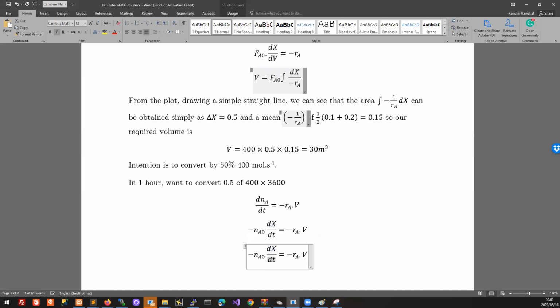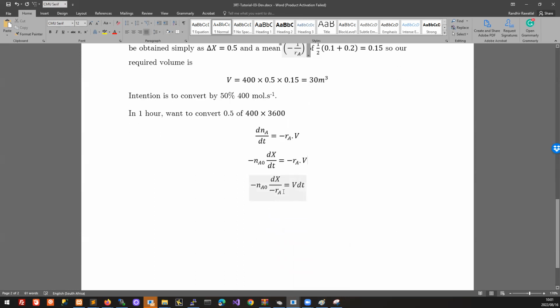So we're going to take time onto that side, and we're going to take the rates down here. And so we can say here that if we integrate this, then it's going to be, and let's just get rid of these signs here.